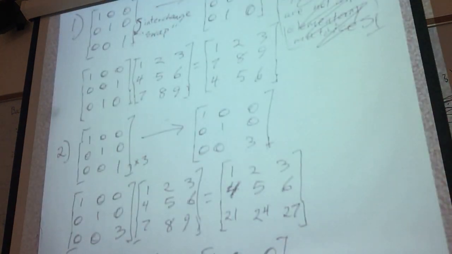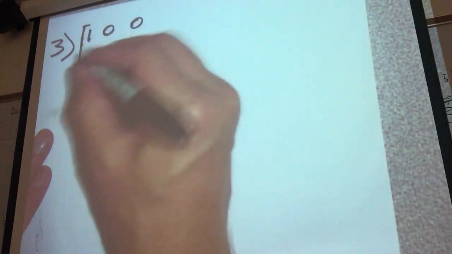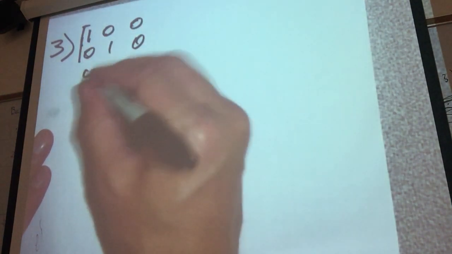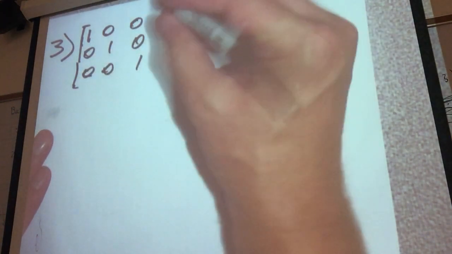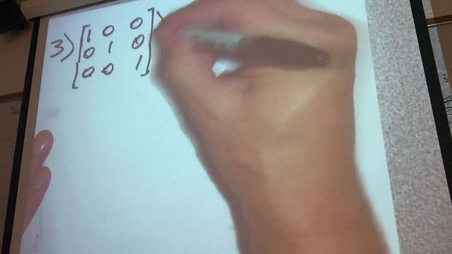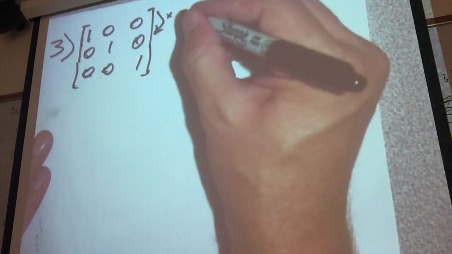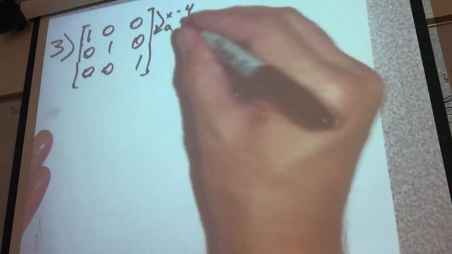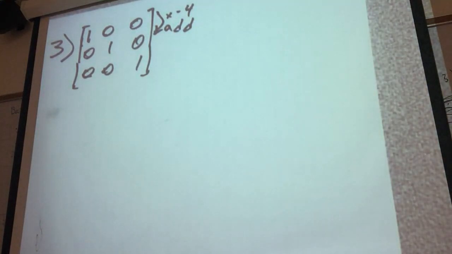So the third one. We always begin with our identity matrix: 1, 0, 0, 0, 1, 0, 0, 0, 1. I'm going to take this row and multiply by -4, and add downwards.